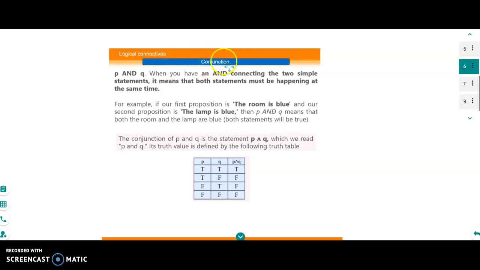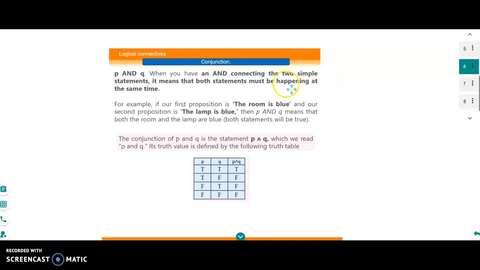The conjunction in the language is when we use the word and. So for example, P and Q. We have two propositions, P and Q, connected by the word and, by this connective. When you have an and connecting the two simple statements, it means that both statements must be happening at the same time.